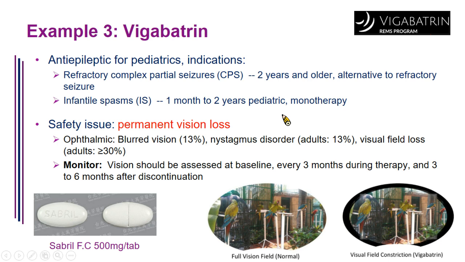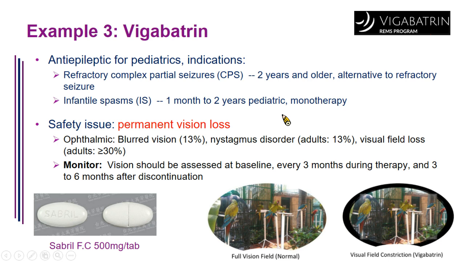And what is the safety issue about vigabatrin? Well, on the screen you can see it's about vision loss, and not temporary but permanent vision loss. It has a very serious side effect that you can see if you have been impacted by vigabatrin.